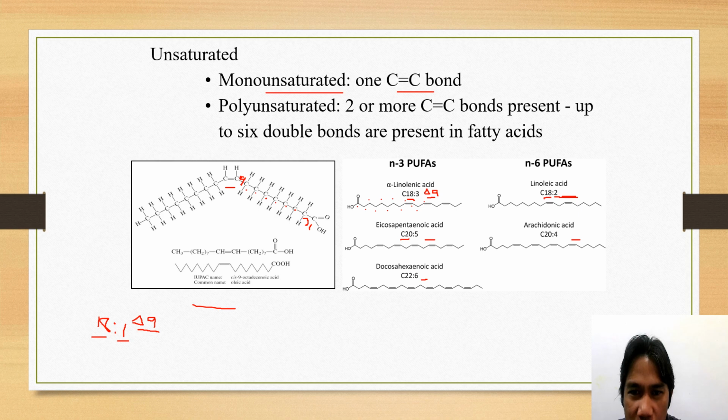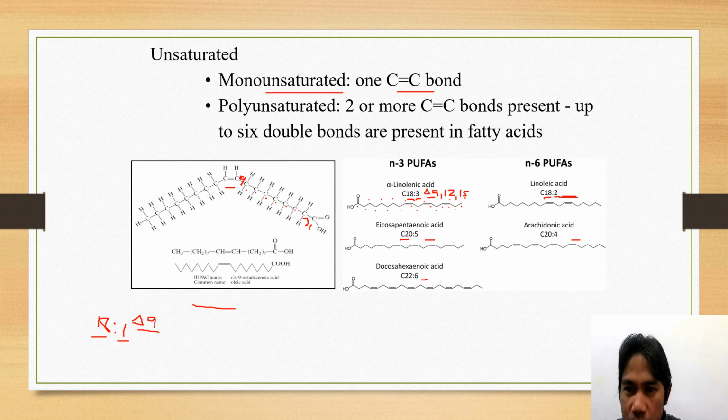So delta 9, comma 12, then 13, 14, 15, comma 15, and 16, 17, 18. So there are 18 carbon atoms and 3 double bonds on carbons 9, 12, and 15. So you separate the numbers by a comma.